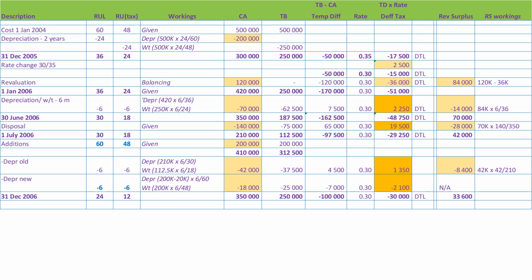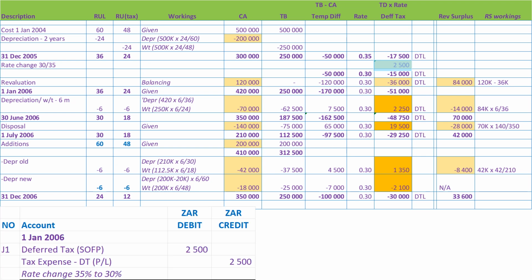Journal entry number 1. The first item that you will journalize is your deferred tax rate change. So the 2,500 will hit your deferred tax statement of financial position and you will credit your tax expense. Bear in mind that your liability is going from 17,500 to 15,000.